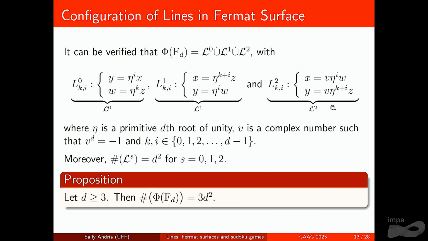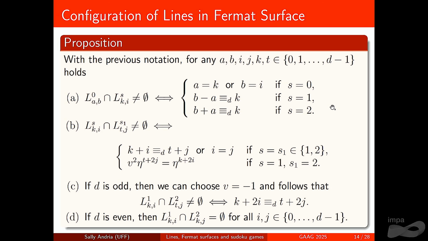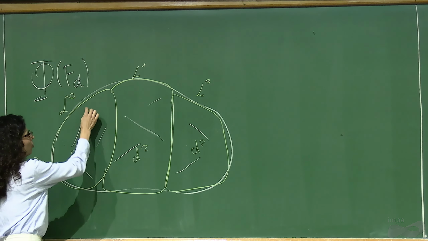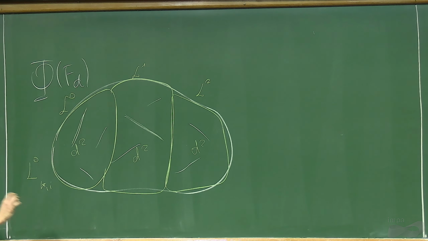But we would like to know about the skew lines. And this is the base proposition that helps us construct all the technique we use to count these skew lines. So this proposition tells us, analyzing relations in the index of these lines, when lines in the same subset have intersection, and when we choose one here and another here, if they have intersection.